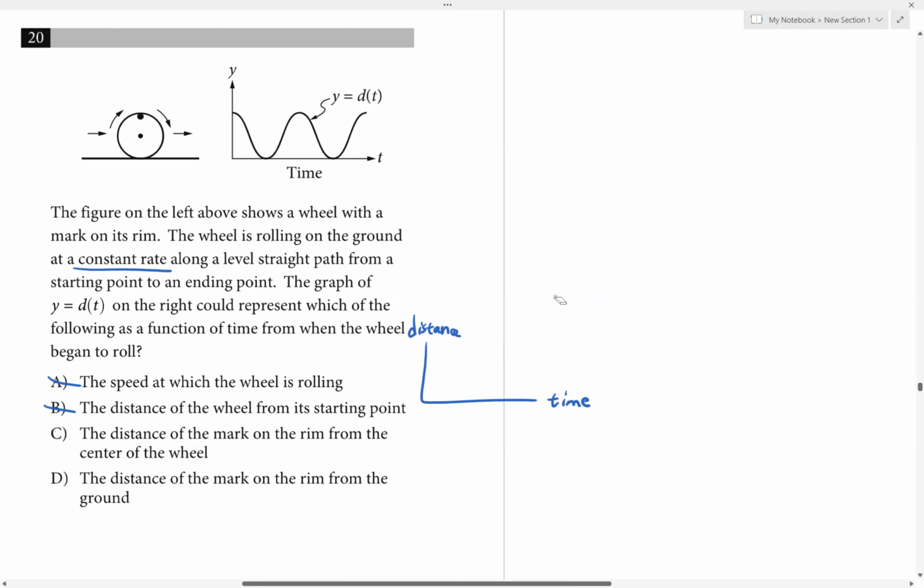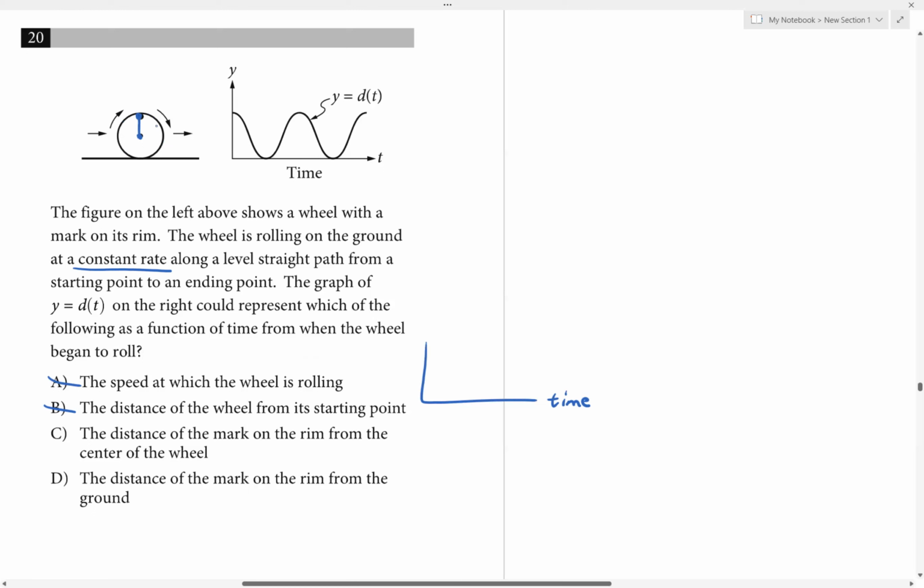So C says the distance of the mark on the rim from the center. This is a little bit tricky. The distance from the mark to the center is the radius of the circle. As the wheel turns, will that distance change?